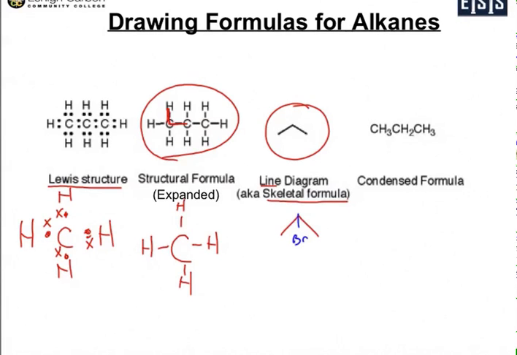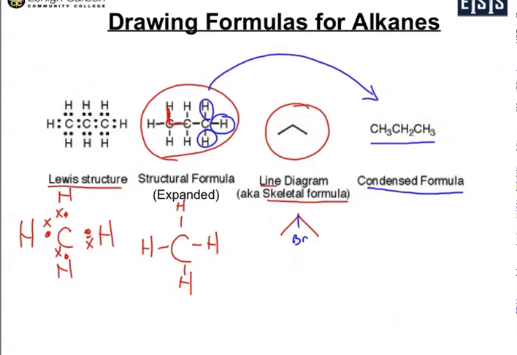The final form for drawing organic compounds is this condensed formula. And really the condensed formula just derives from the structural formula or expanded formula. And instead of showing the hydrogens coming out like we do here and here, we just group them next to each carbon.